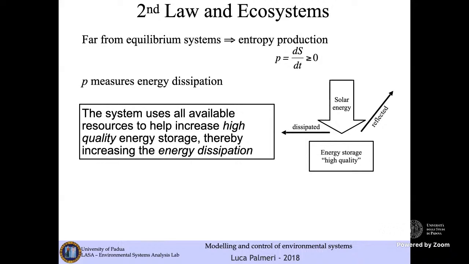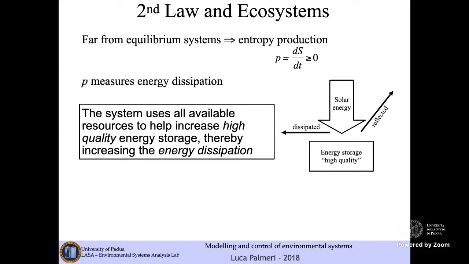So instead of describing the states in terms of entropy, we may describe the states in terms of entropy production. The variation in time of entropy may be defined as the entropy production, and the second law of thermodynamics tells us the entropy production is always greater than or equal to zero.